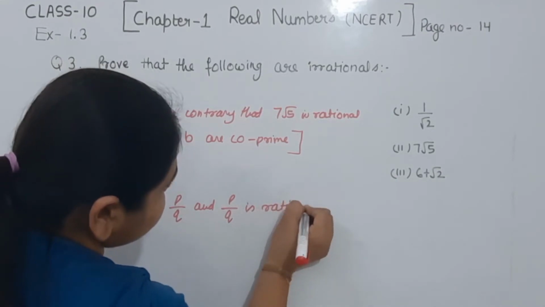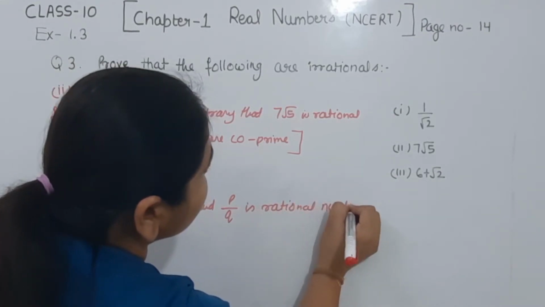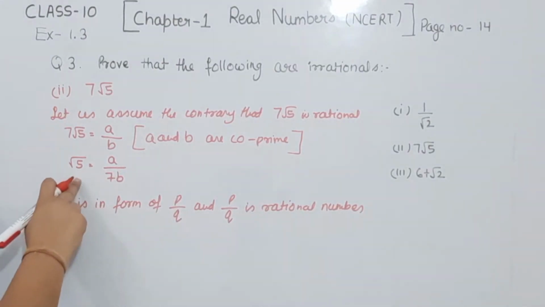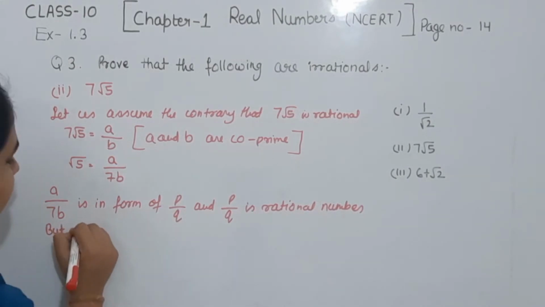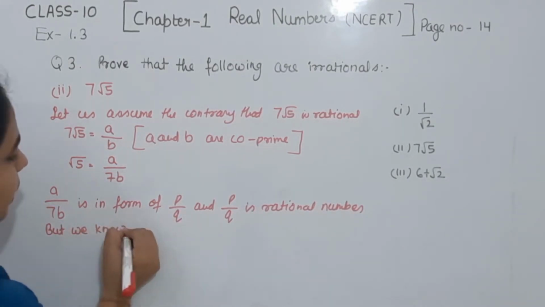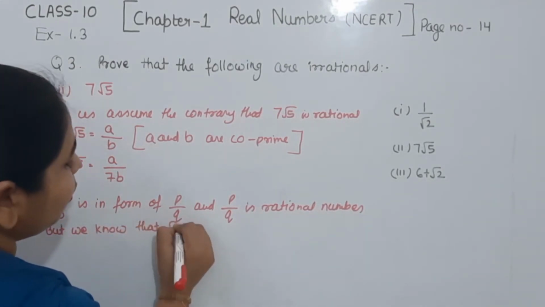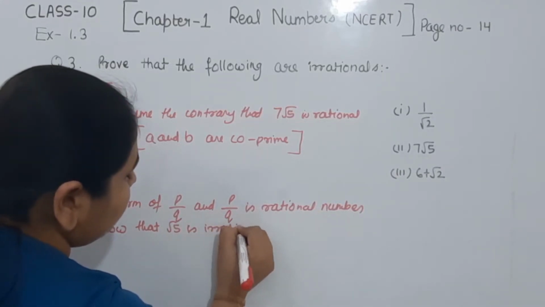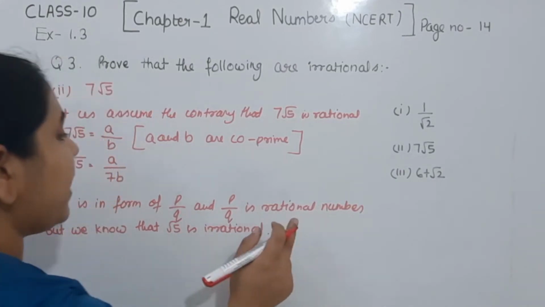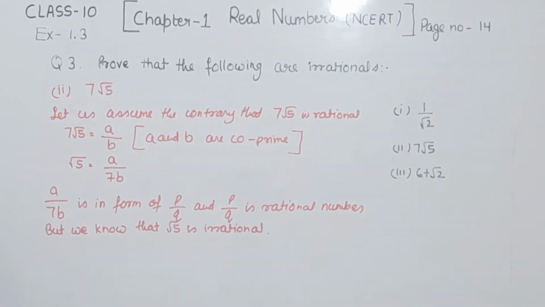And root 5 is an irrational number, as we proved in question number 1. But we know that root 5 is irrational, and it is not possible that a rational number is equal to an irrational number.